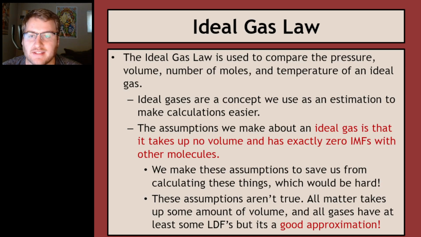A real gas, if you were to calculate an actual gas's quantities, its pressure is going to be a little bit higher in math and a little bit lower in real life. The intermolecular forces that gases experience reduce their pressure just a little bit, but it'd be like 1% or 2%. And therefore, we don't really care, right? Gases experience very low IMFs as it is, so calculating all that just makes things a lot harder for us.